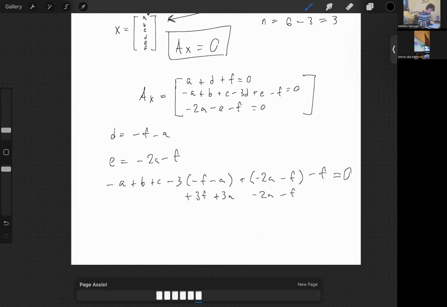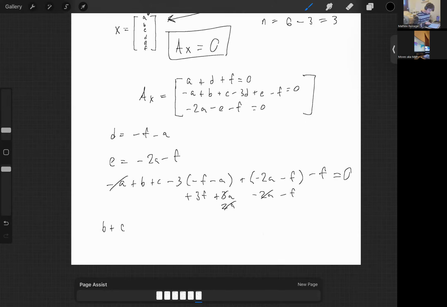I'll start with A. So we have negative A, that turns that into 2. We have 2A. So those two cancel out, so we don't have A. I have B by itself. I have C by itself.